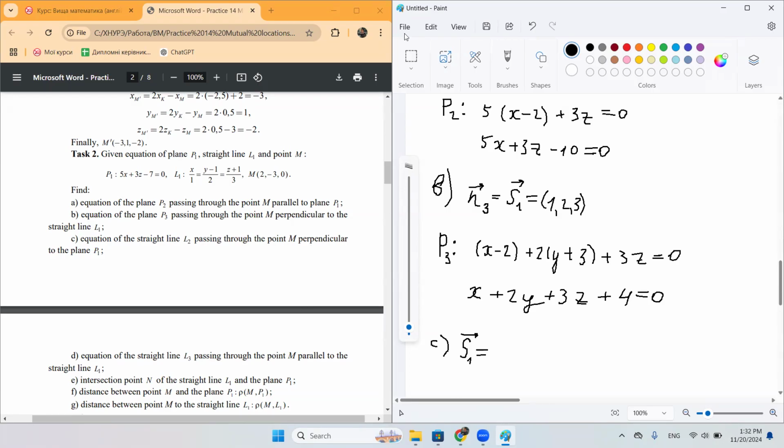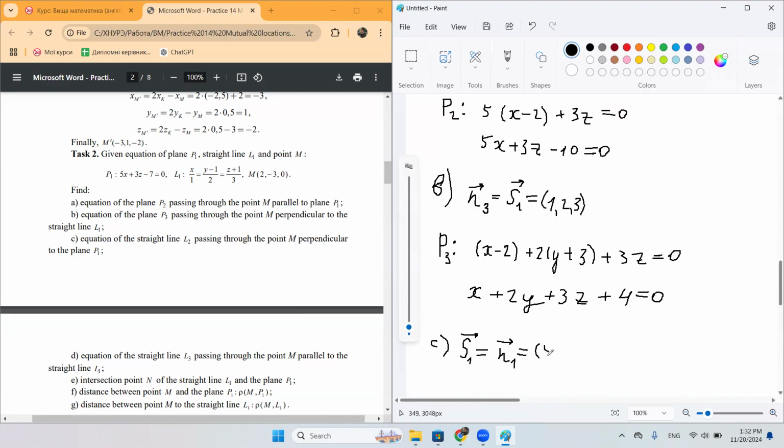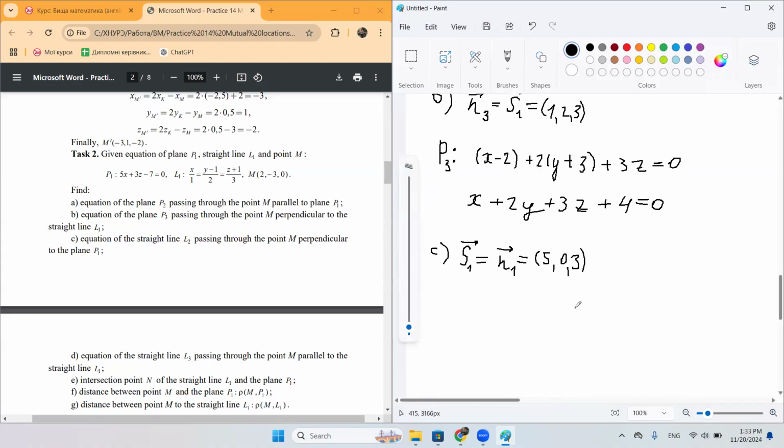Sophia? To the normal vector, like from P1. Yeah, normal vector of P1. And I would ask colleagues to join discussions as well, to make them more interesting.